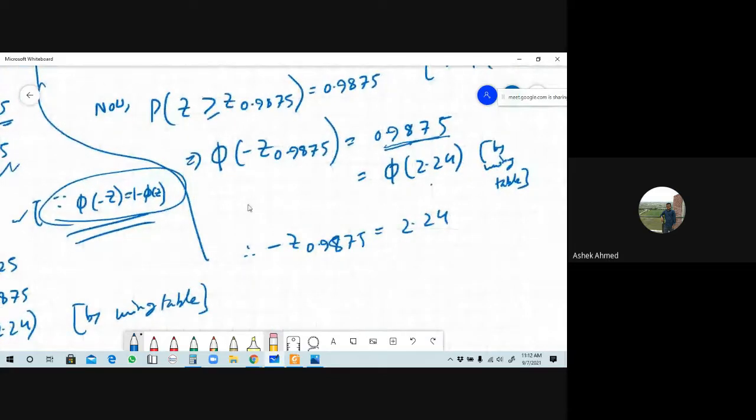So the value of z suffix 0.9875 is minus 2.24, is it right? Response me.